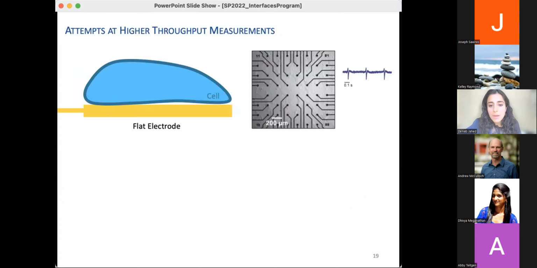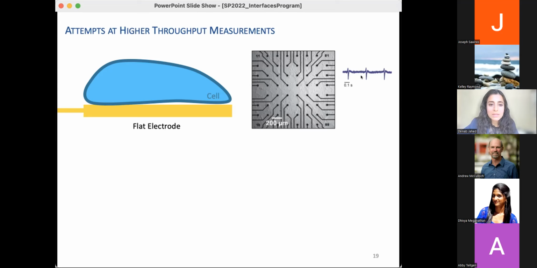So there have been some attempts at measuring these electrical signals at a higher throughput. And these are called microelectrode arrays. These have been around for, I think, 20, 30 years, where you can culture cells on a flat surface that has lots of small electrodes. So the electrodes are just 2D, and you can have a culture of cells on this surface and record some electrical signals from a culture of cells on top of these microelectrode arrays.